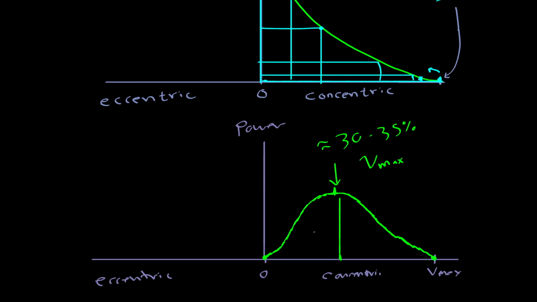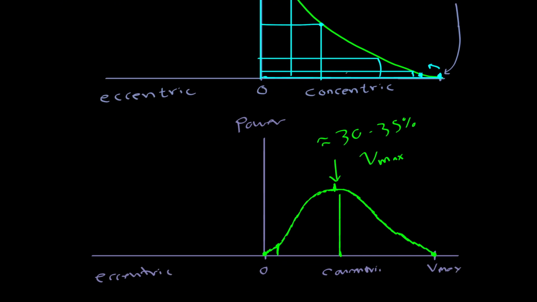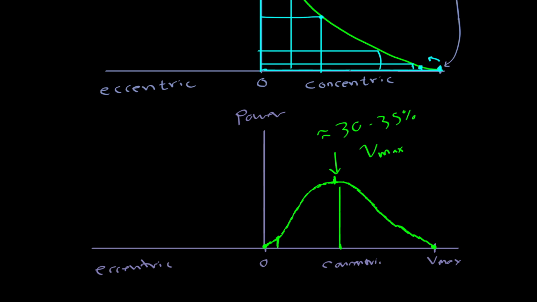So if you've had the experience where you're biking up a hill and you can't go into a low enough gear, that's where you're down here, right? Your velocity is really small, and your power output's really small, even though maybe you're producing a lot of force to try and get up the hill. And if you've had the experience of riding a bike without enough gears, and you're going down a hill, or you're riding really fast and you're already in the highest gear, but you're just spinning your legs around and around, you are up here.